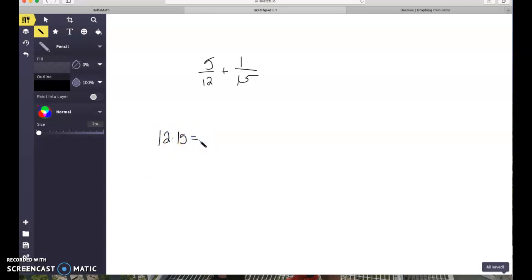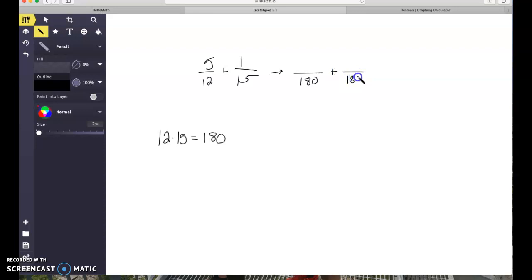So if I do 12 times 15, that's going to give me 180. Okay, so that tells me that my new denominator is going to be 180 for both of my fractions.